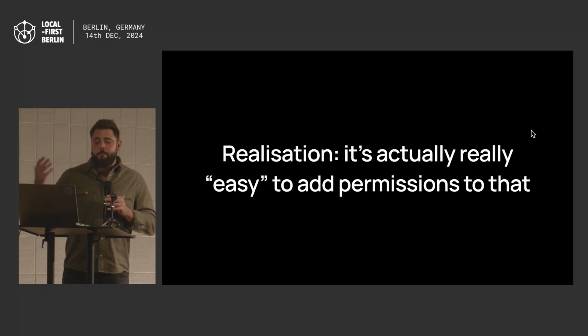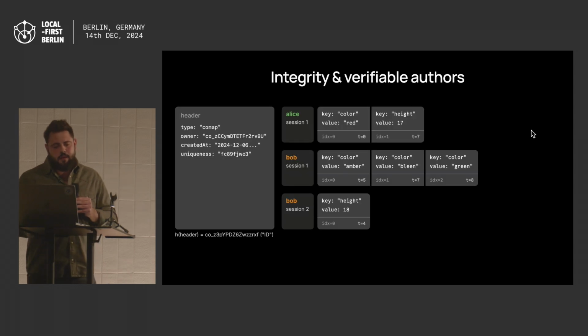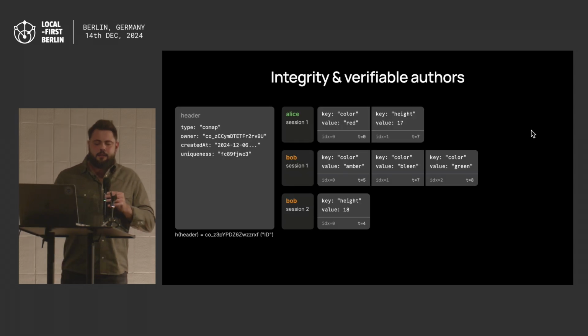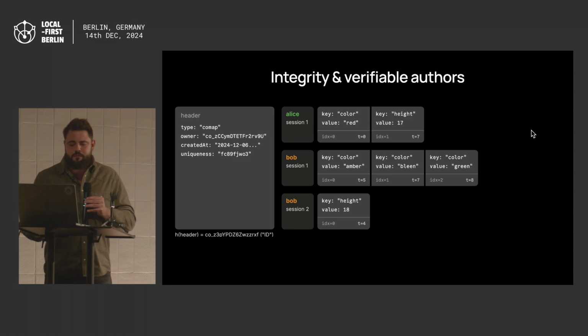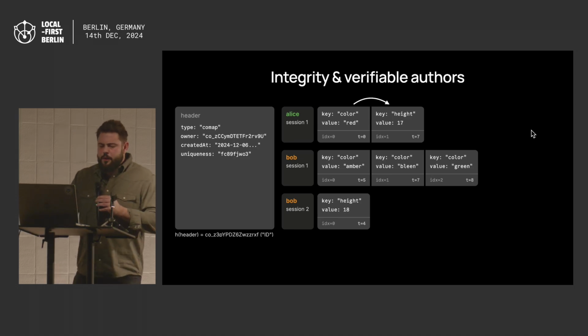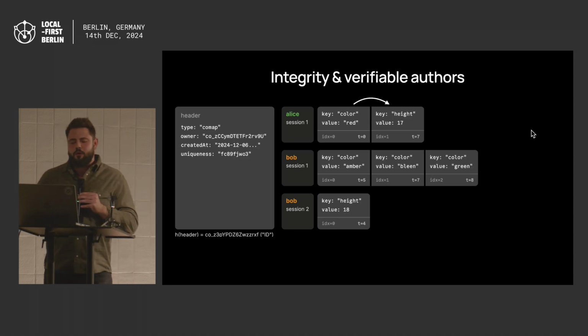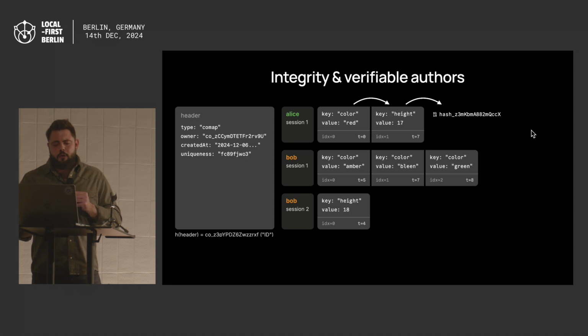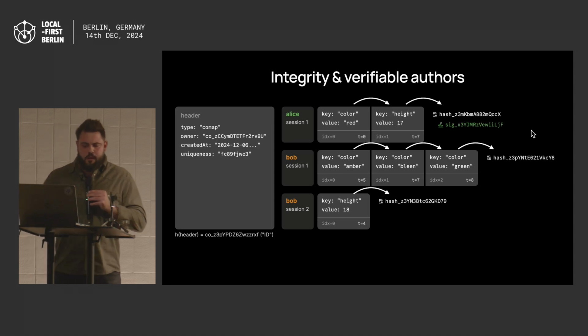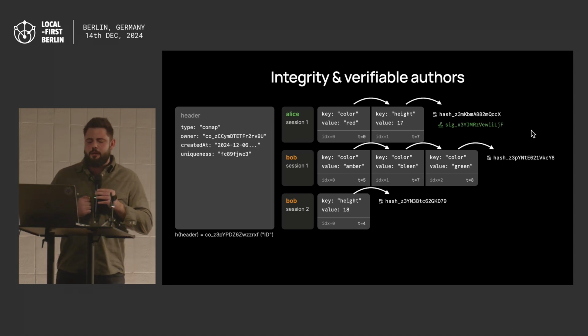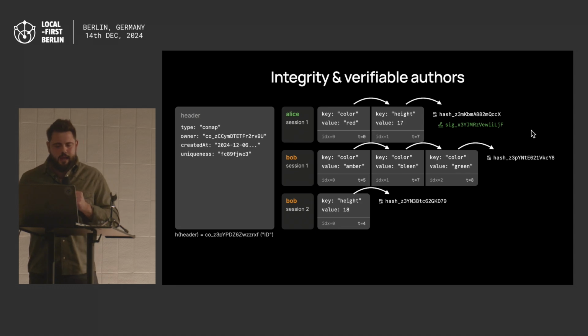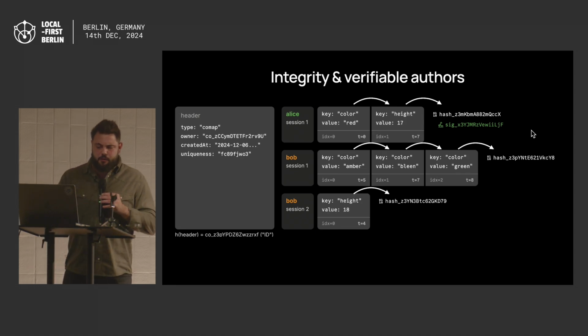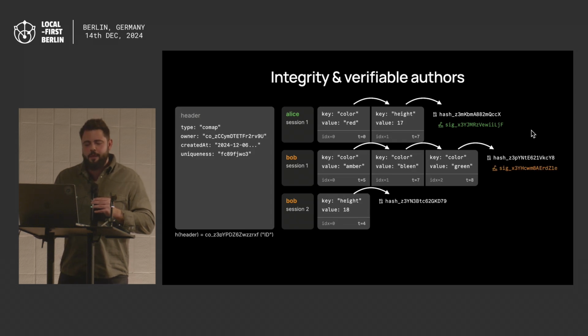But what's even better about this structure is that it's actually really easy to add permissions on top. So let me get into that. Let's start with verifying data integrity and verifying the author of each change. We can do both by calculating a rolling hash in each append-only log over each entry. The user writing to this append-only log then signs the resulting hash, which verifies the integrity of the entire log, preventing tampering and reordering.